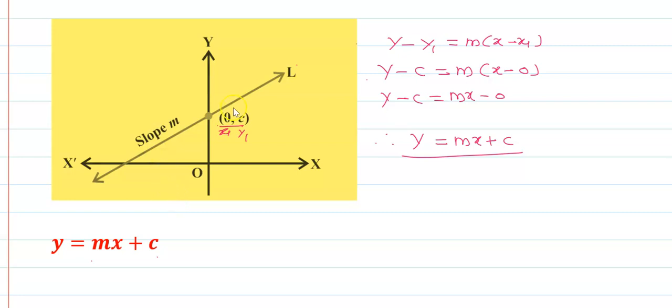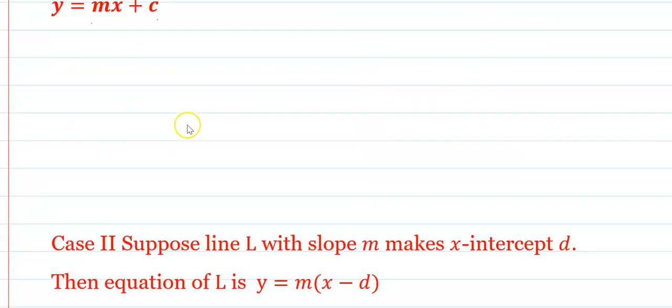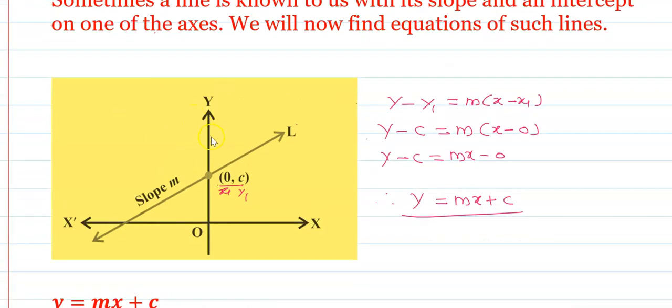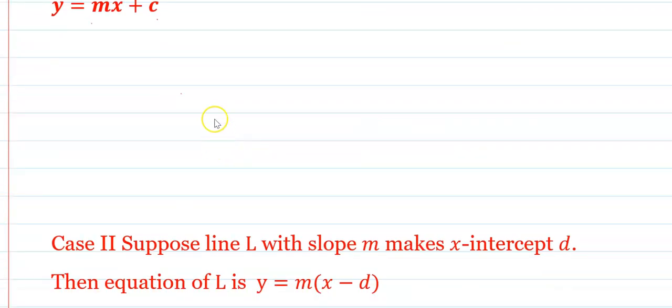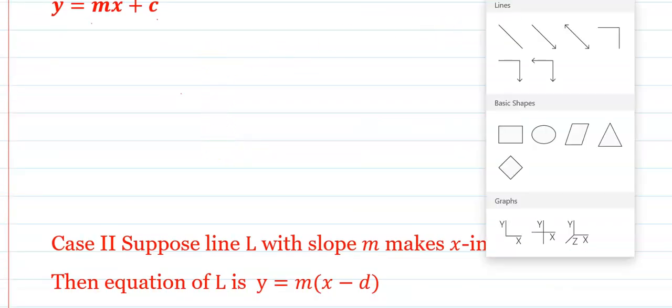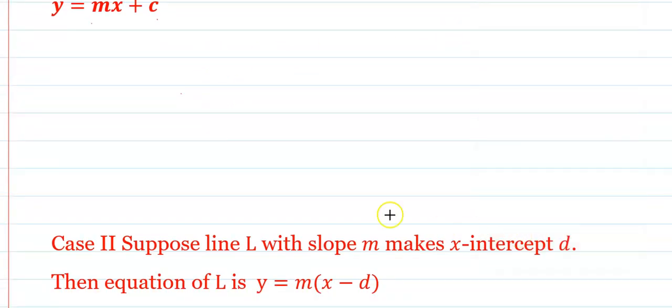Now this line intersects the y-axis here, that is the y-intercept, and suppose that you know the slope of a line and the x-intercept, see this figure. I can draw these, these are the coordinate axes.